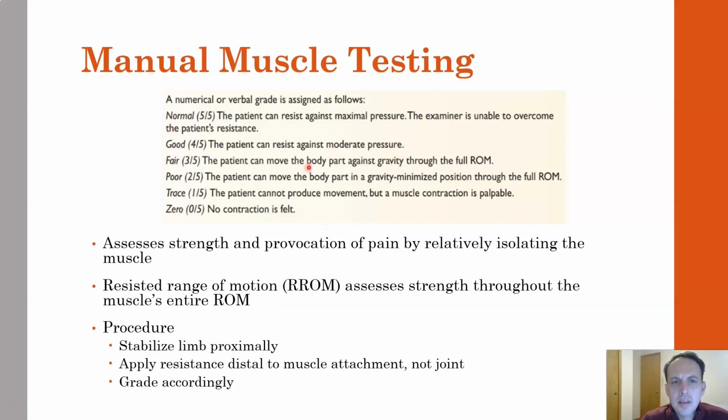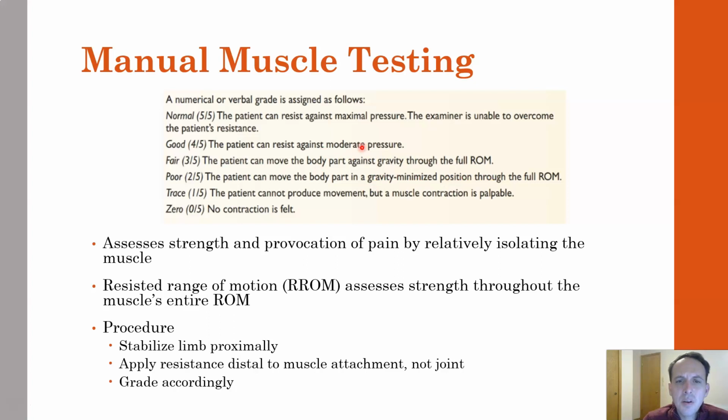It's compared against this standard here, where a 0 out of 5 is no evidence of contraction. So this is associated with neurological injuries, where they are unable to even create a muscle contraction or muscle twitch. 1 out of 5 then is a patient cannot produce any movement, but you can see that contraction. 3 is basically the calling card: at 3, the patient can move the body against gravity through the full range of motion, whereas 2 is they cannot move through that, but can through a gravity minimized position.